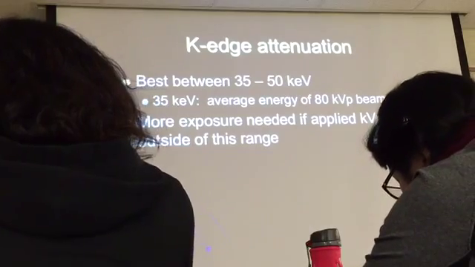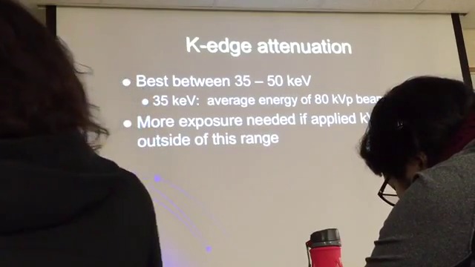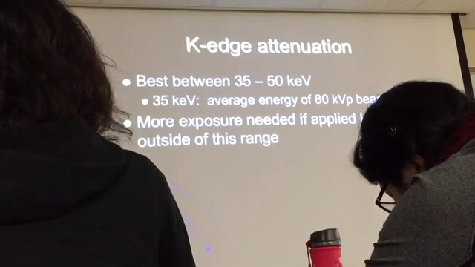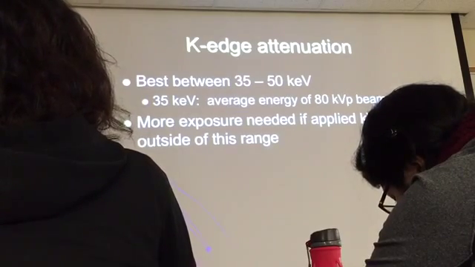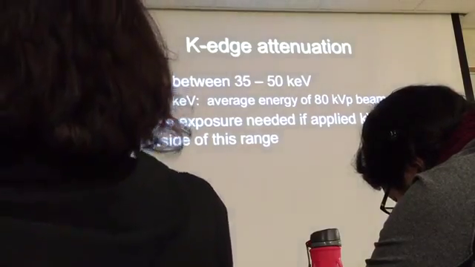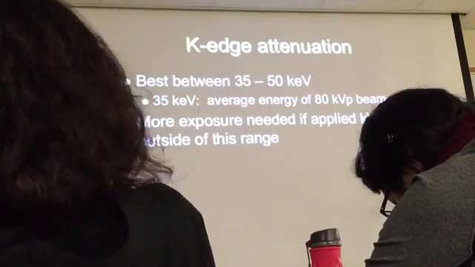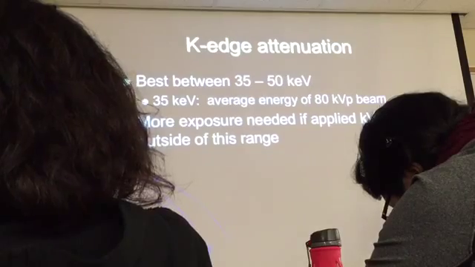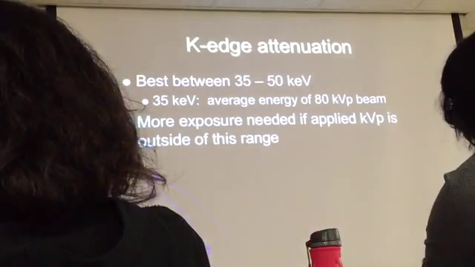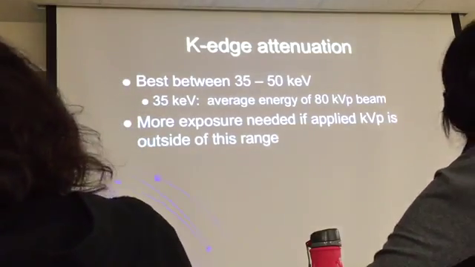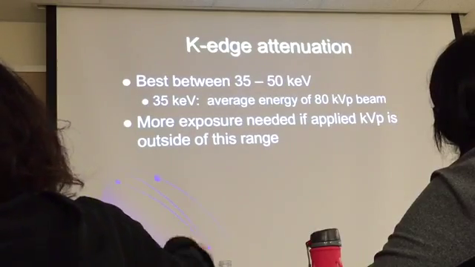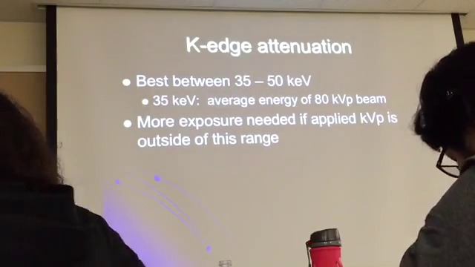So more exposure is needed if the applied kVp is outside of this range. If you are outside of this range, you might need to compensate with more kVp. One thing, with CR systems and DR systems, these systems are more sensitive to kVp changes.